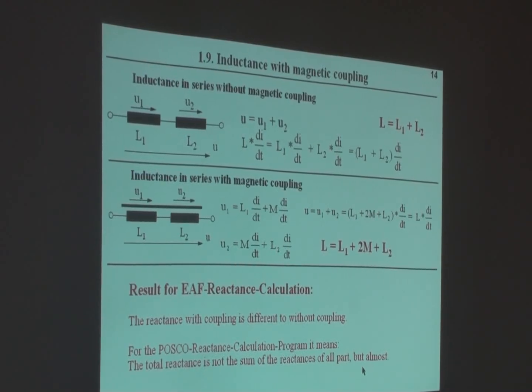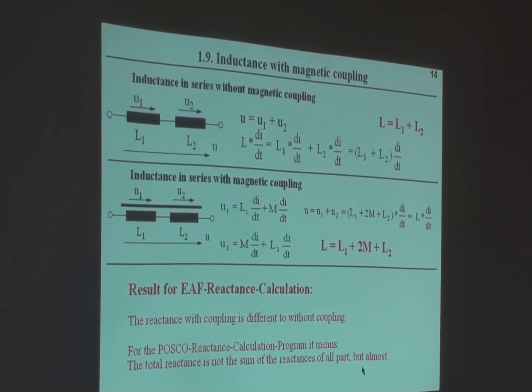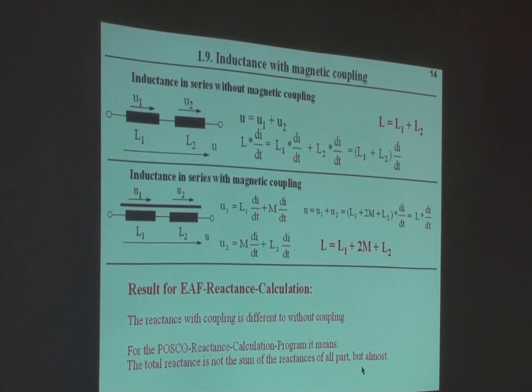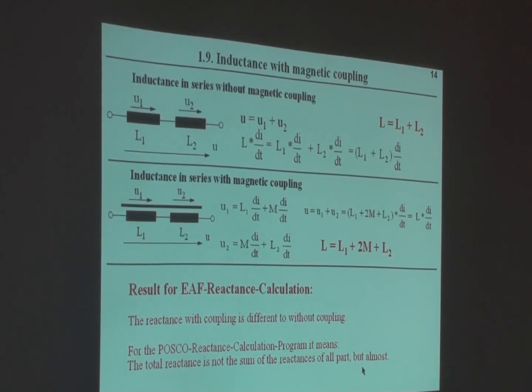I think the two graphics are the same, but why without magnetic coupling and second with magnetic coupling? Only the calculation of this formula, that's right. So my question is about the same graphic.